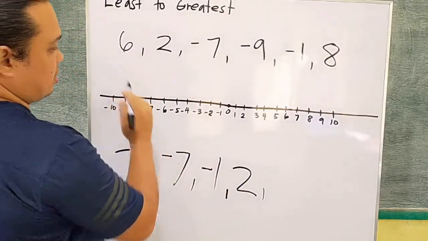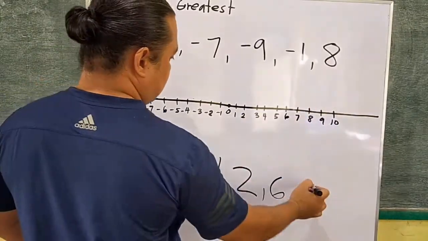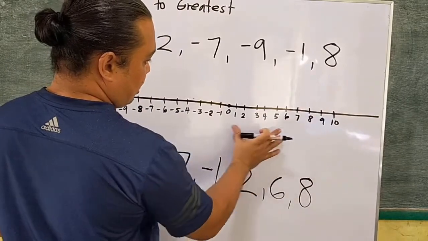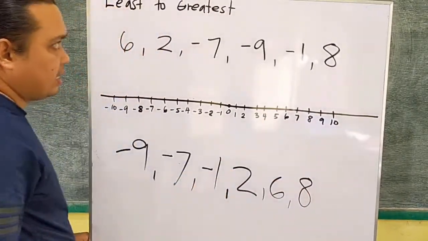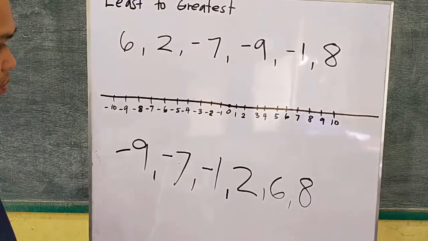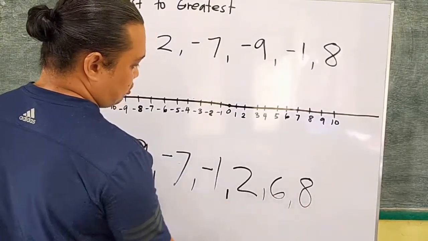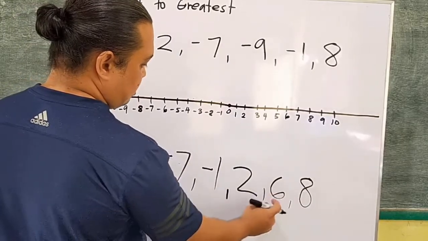Okay? Next is 6. Okay, we have 6 and 8. Now 8 here is the farthest number to the right of 0. You need to say 8 here is the greatest integer, while 6 is only second to 8. Also 2 here is only third to 6 and 8.